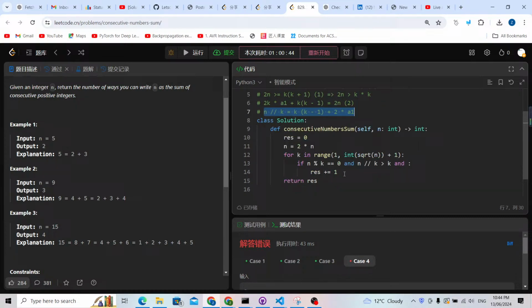Because n is divisible by k, we can directly use it. So we're going to use n divided by k.